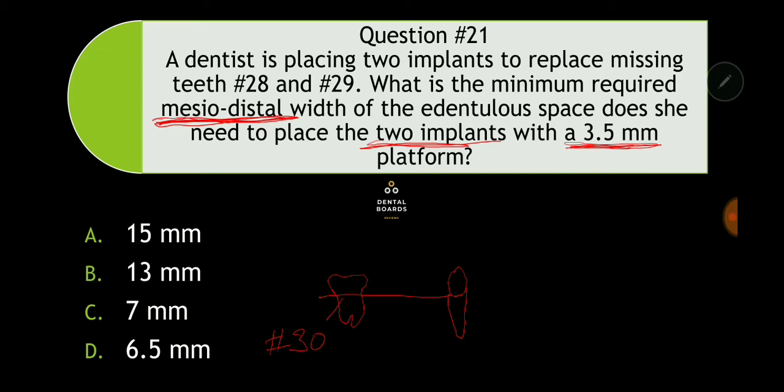Okay. So what is the distance? How much distance do you need to put 2 implants, which are 3.5 millimeters in diameter? So you're supposed to put 2 implants. This is 1 implant, this is another implant.